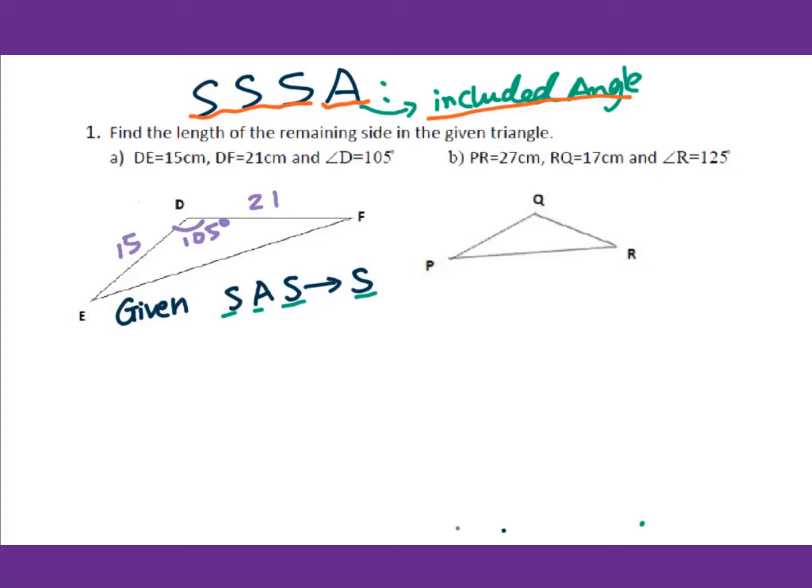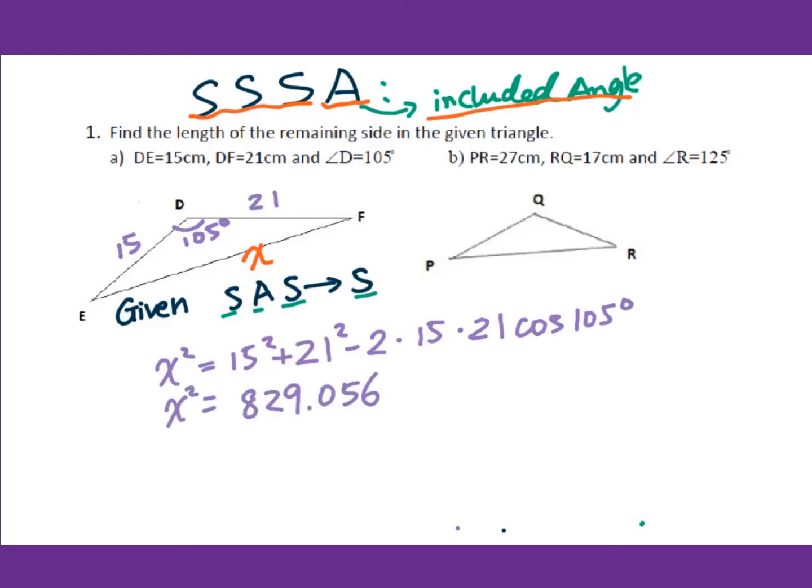Therefore, for the remaining side, let's label it as X. For this X squared, you will get 15 squared plus 21 squared minus 2 times 15 times 21 cosine 105 degrees.